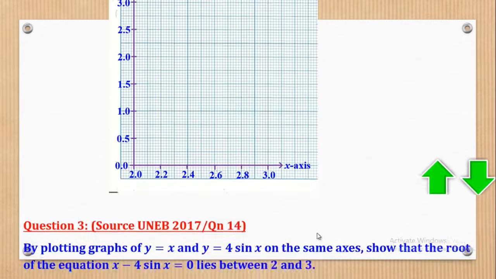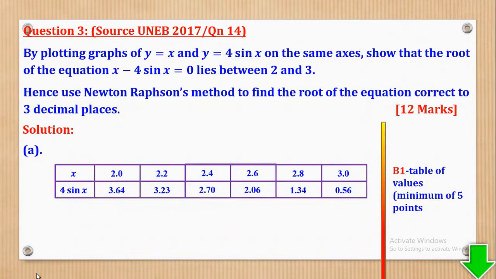So when you look at this one, y equal to x is a straight line. So what does that mean? A straight line, we only need two extreme points. So we shall plot for this and this. So we shall plot a point of 2, 2 and a point of 3, 3 for this line of y equal to x. So let's first do that.